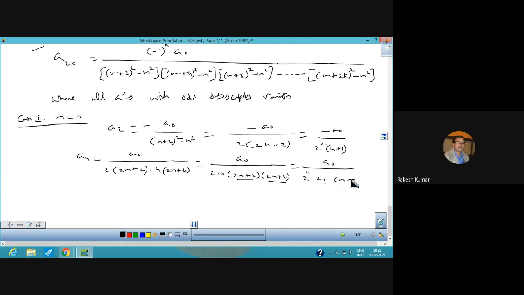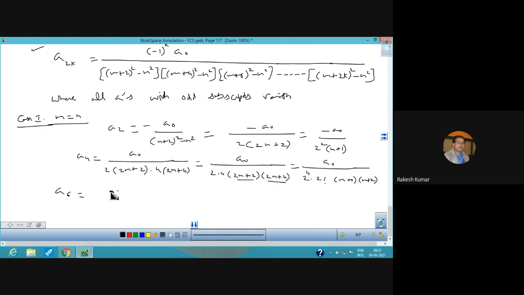Remember, this is the sort of adjustment we have to do. तो 2 रेज टू पावर 4 into 2 फैक्टोरियल. अब 2 रेज टू पावर 4 इस पैटर्न पर बना रहे हैं. 2 की पावर 2 के बाद 4, नेक्स्ट में 2 रेज टू पावर 6. तो a6 में what should be there?